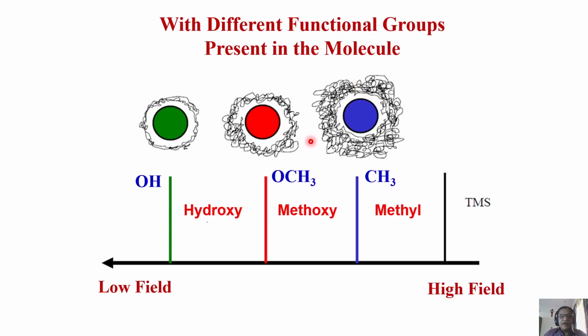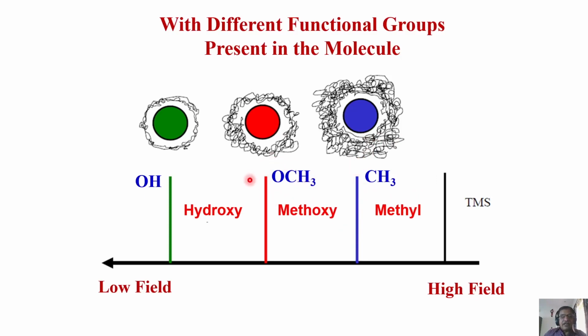What do you expect when I take a methoxy group? There is an oxygen attached to the CH3 group. It is an electronegative atom. It withdraws electrons from the CH3 protons. As a consequence, what happens? Shielding reduces. So, the same CH3 proton without any electronegative atom, let us say it comes here.